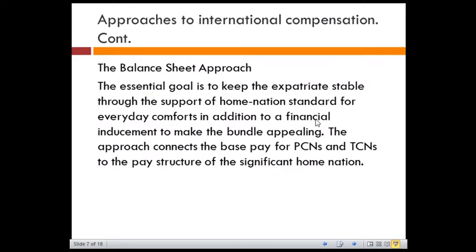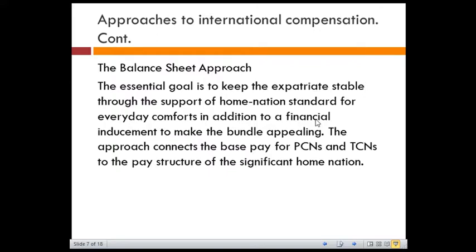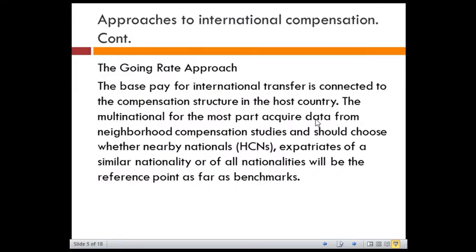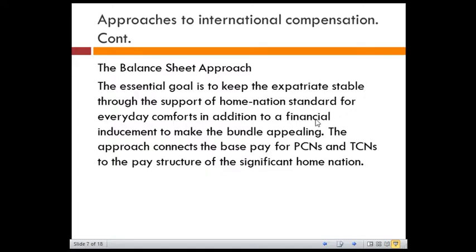Let's get into the balance sheet approach. We went over the going rate approach, so there are two, and now we're going to look at the balance sheet approach. The essential goal in the balance sheet approach is to keep the expatriates stable, or, as they also say, whole, and they would do this through means of support.